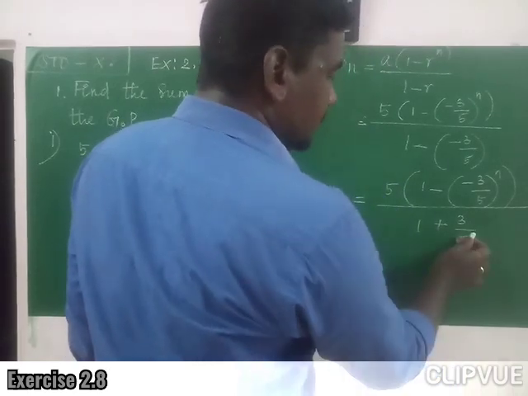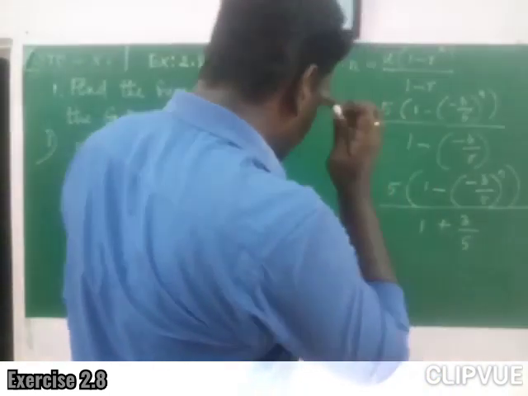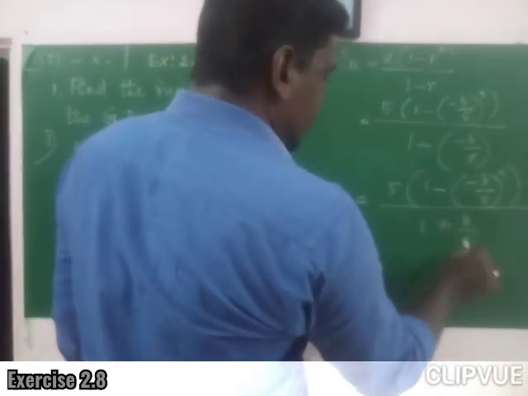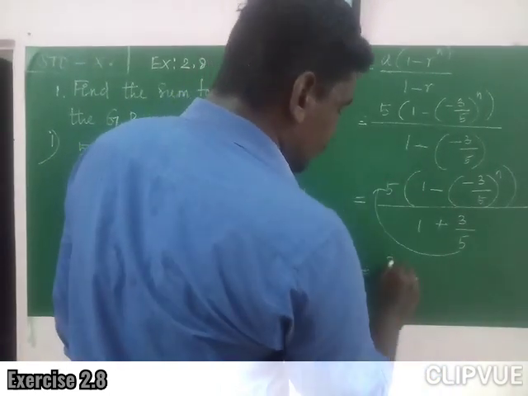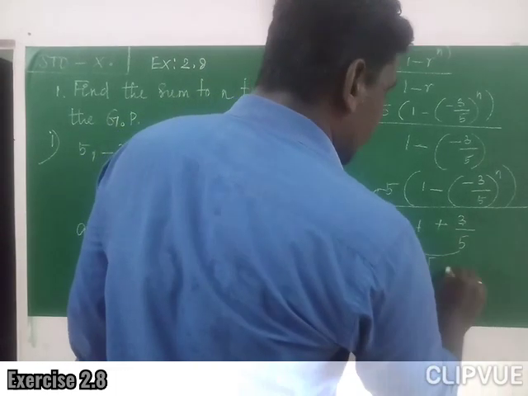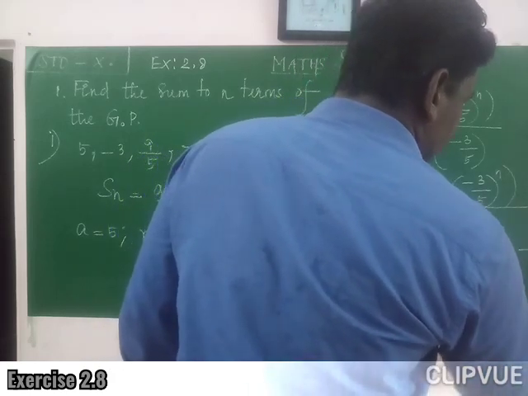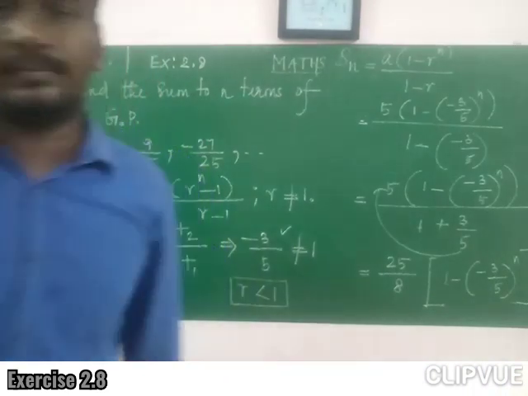If you simplify this, 5 plus 3 is 8 by 5. Actually, this denominator 5 should become the numerator. So 25 whole divided by 8 of 1 minus minus 3 by 5 whole power n. This is the required answer.